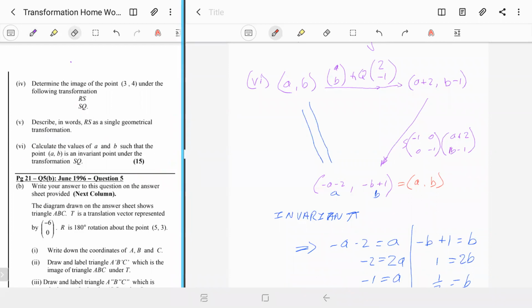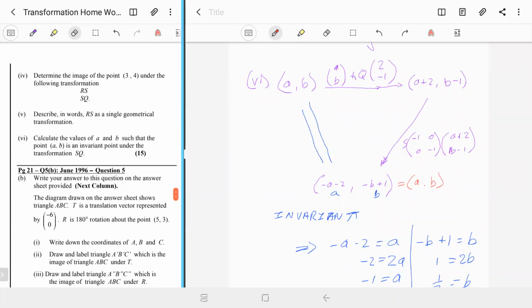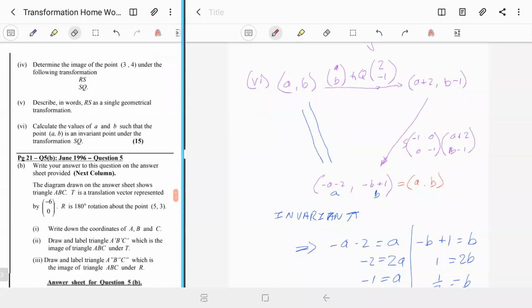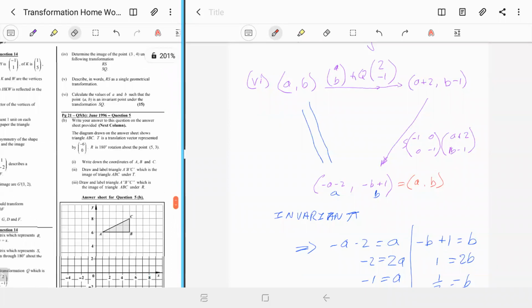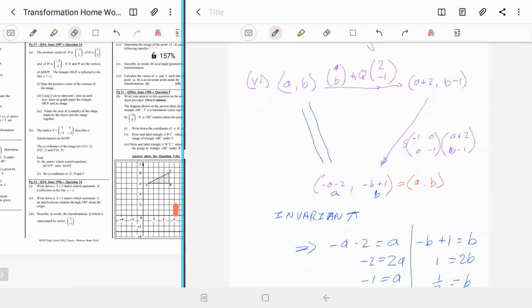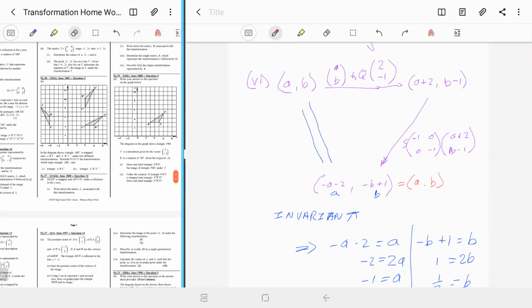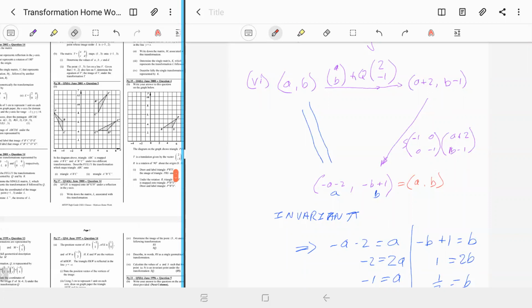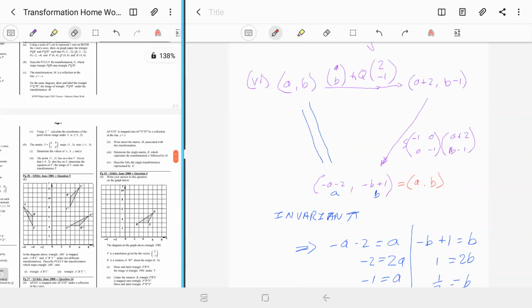I want us to do one more question before we finish today, because we're going to practice some more. Just to run through one question. Here's the question that I said I wanted to show you. Where did I see it?